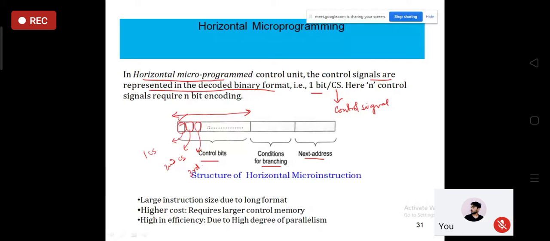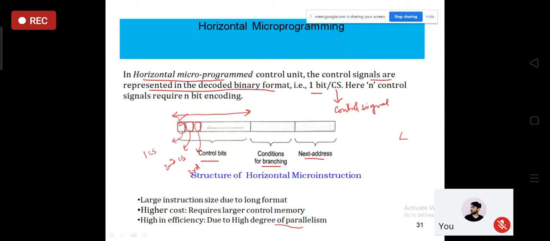Multiple, suppose I want to make on all that 10 or 100 signals simultaneously, I will make it on all the 10 or 100 signals. So interdependence is not there. Okay, so you have learned one thing, high degree of parallelism. That is, if I want to increase the number of control signals, you can increase by increasing the number of bits. Is it understandable? But the problem lies that if you increase the length, what is the problem?